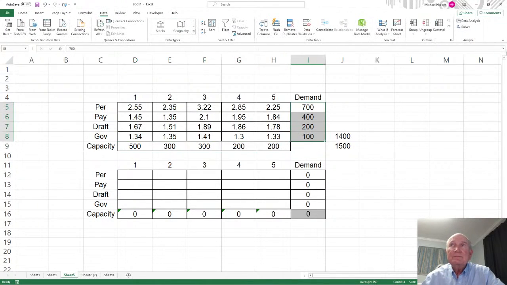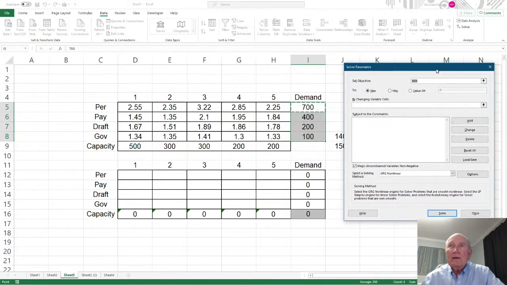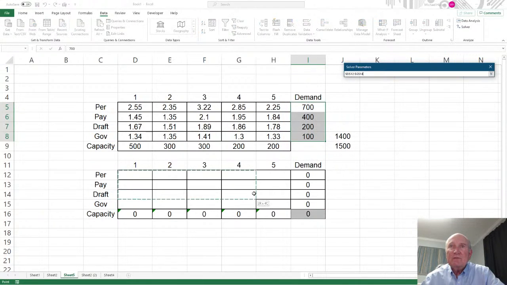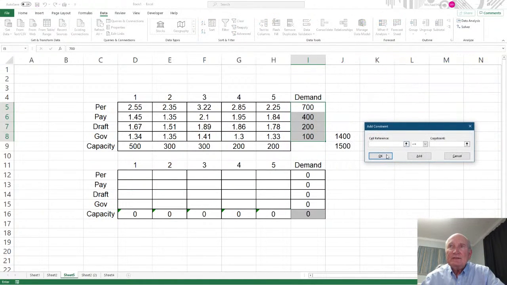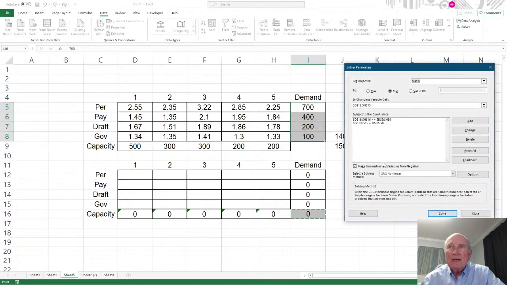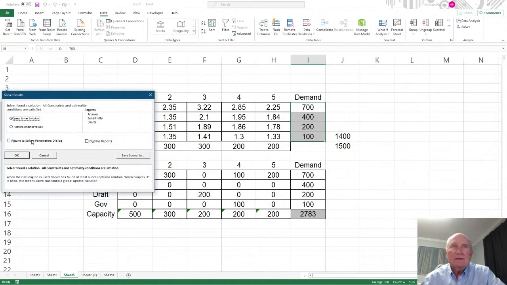Okay, so now data, solve, and I want this as my objective function, minimize my cost by changing my variables here. Now my constraint set. My demand here, I want this to equal my demand. I want that to be equal. I'm going to add this right here. It has to be less than or equal to its capacity. Okay. This is linear.